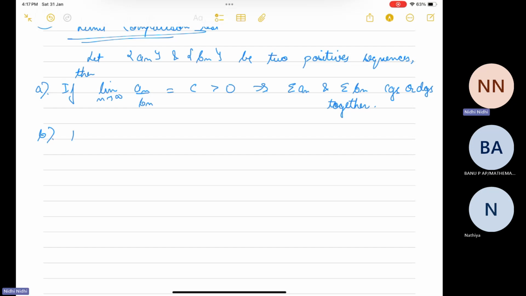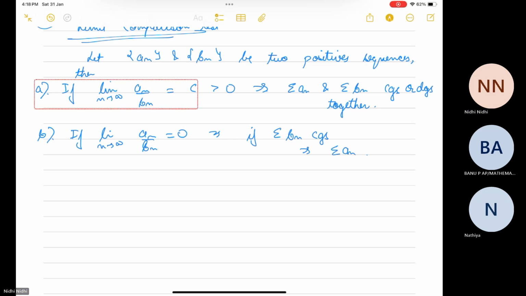Next, if this limit is 0, in that case, we say that if summation b_n converges, then summation a_n converges, not the other way around.